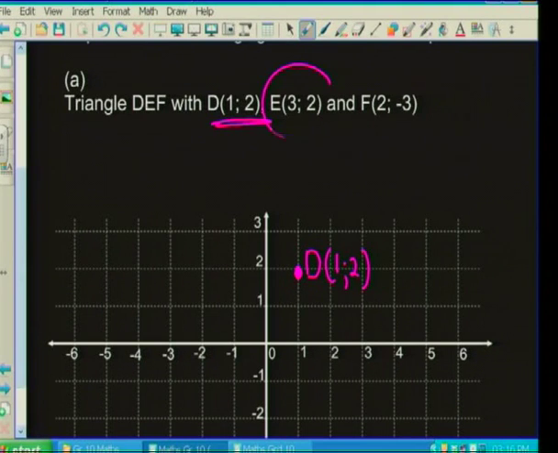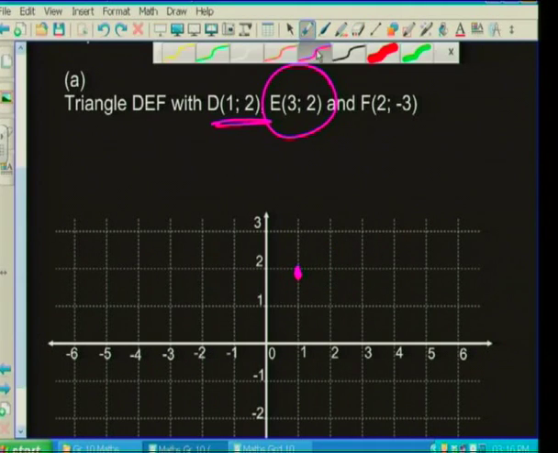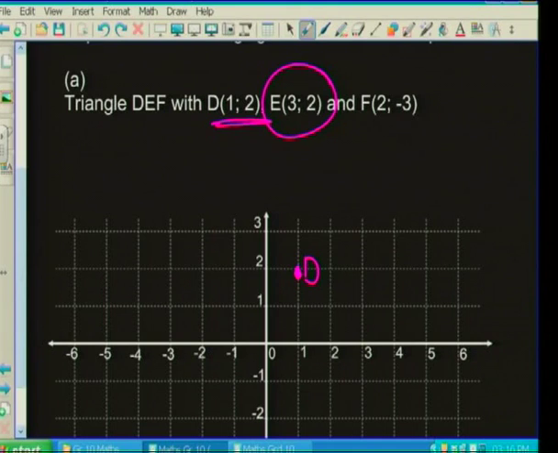The next coordinate is E, where x is 3 and y is 2. So what I'm going to do, I'll leave the coordinates off so that we have enough space. So there's D, and then E, x is 3, y is 2. That is over there. Our next coordinate is F. X is 2 and y is negative 3.